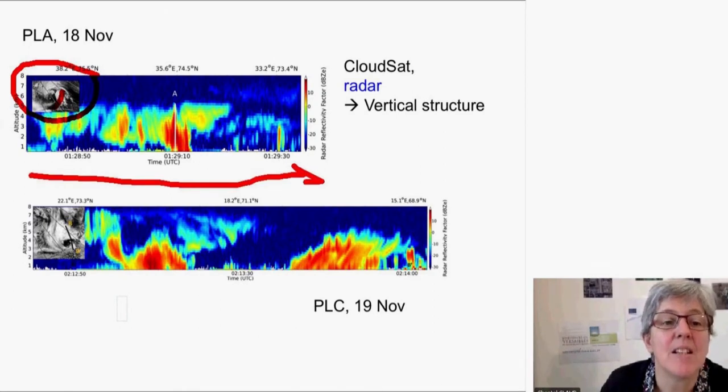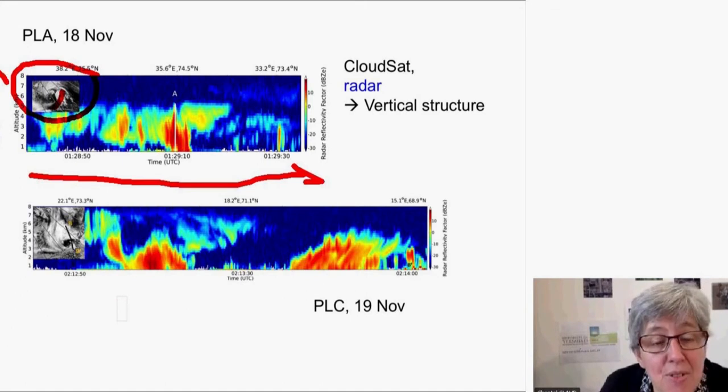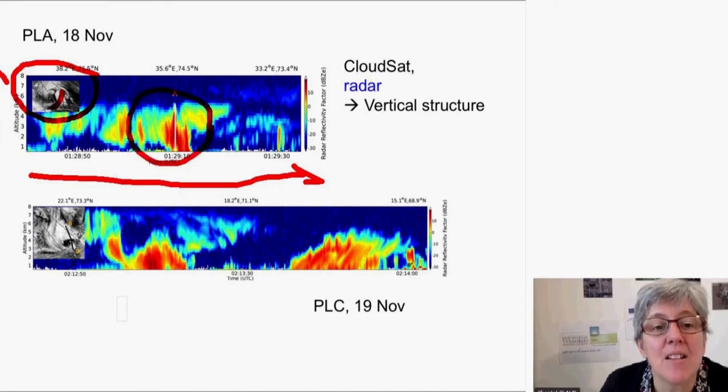Okay, so here we really describe the polar low in its vertical structure, and we see that when it's red or green, you have a lot of particles in the clouds. Okay, and you see that the cloud which constitutes the polar low has its top at about 5 kilometers.